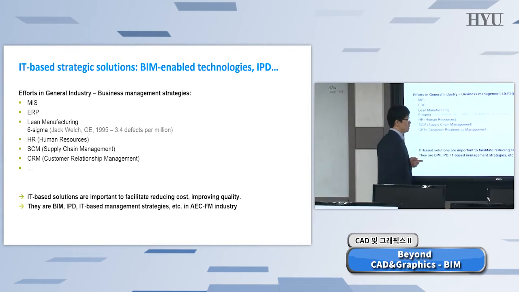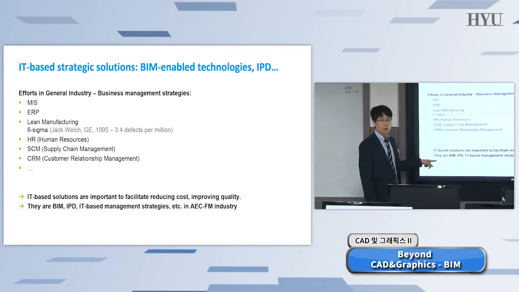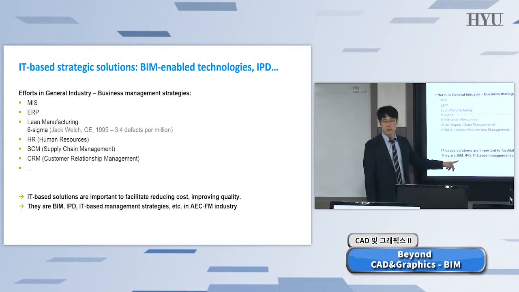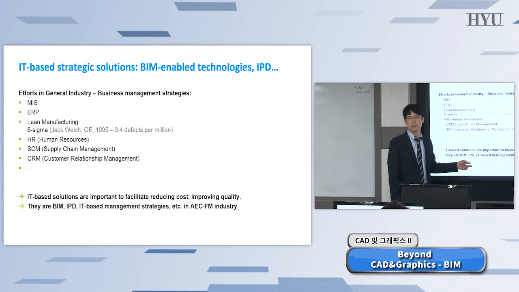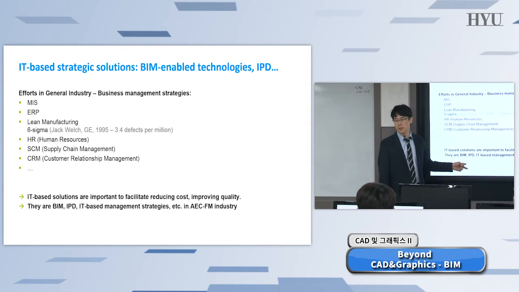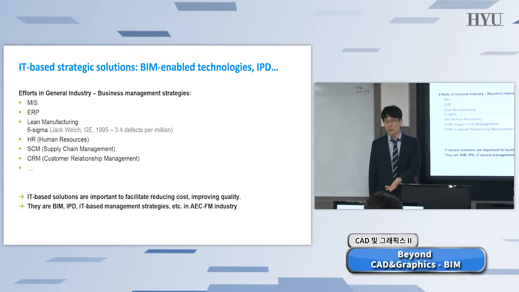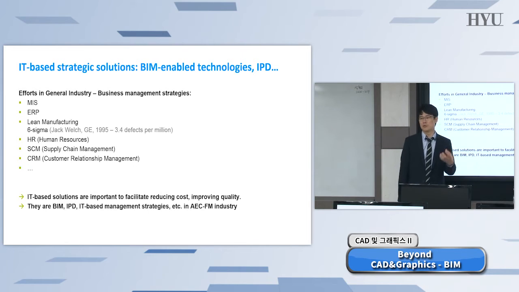Okay, in our industry, they are building information modeling and IPD. IPD means integrated project delivery. The term project here means building project, okay? New building project, new remodel project, new interior design project, and so on. Delivery means simply giving your design, your building products, to the owners.